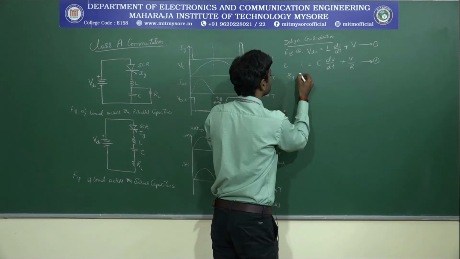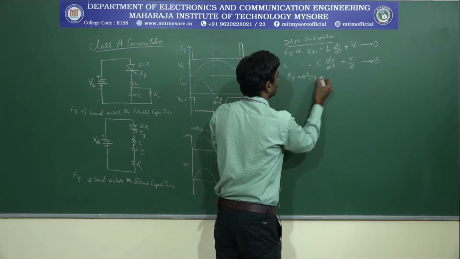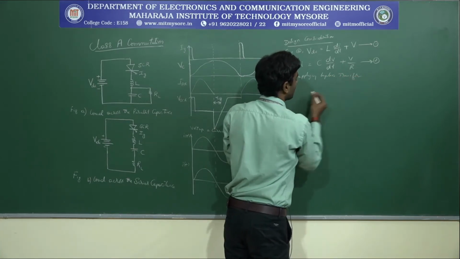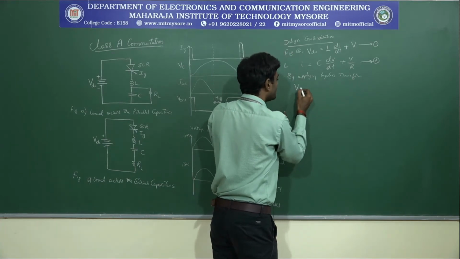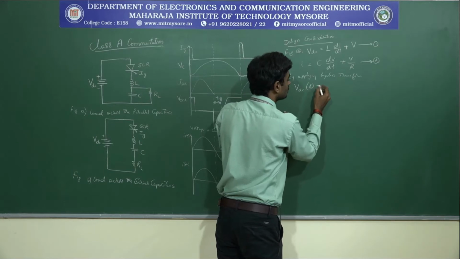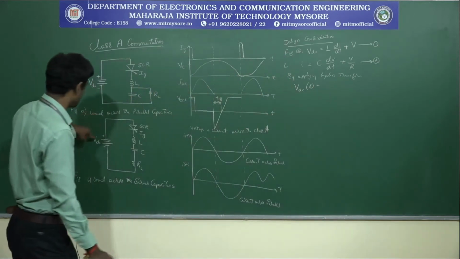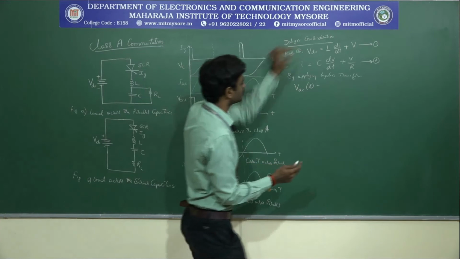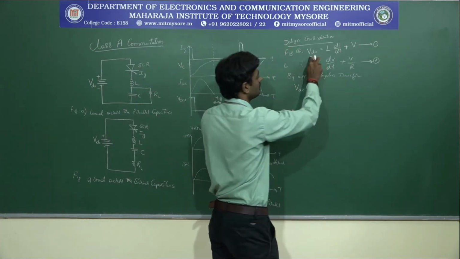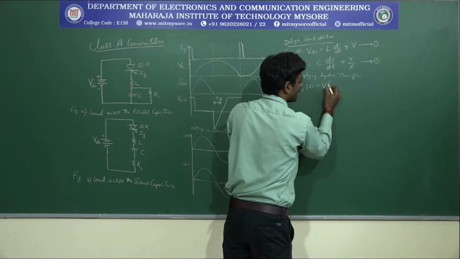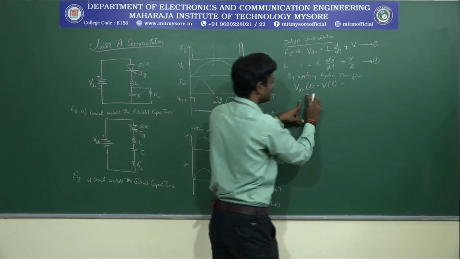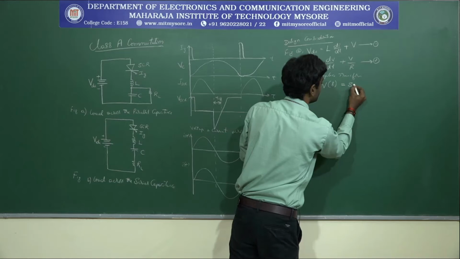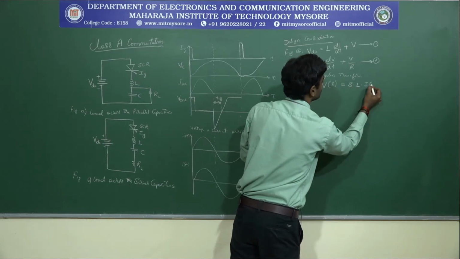By applying the Laplace transform for the above equations, I can write VDC of S minus V of S will be equal to S into L into I of S, taking this voltage to this side so it becomes negative.